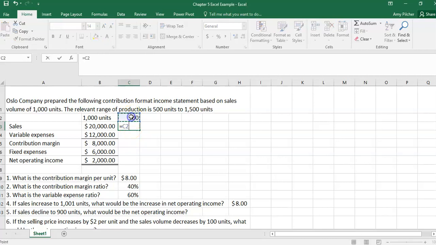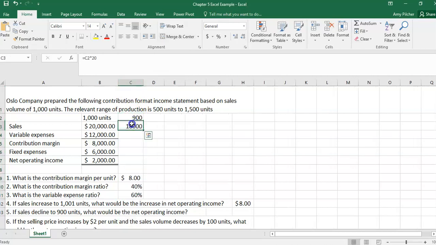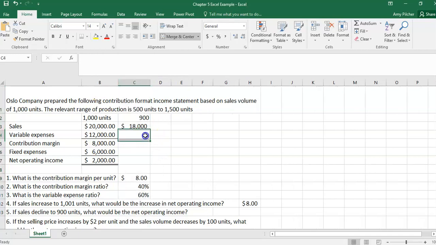So we would have 900 times 20. Our variable expenses, 12,000 divided by 1,000 is $12 per unit. So 900 times $12 per unit.